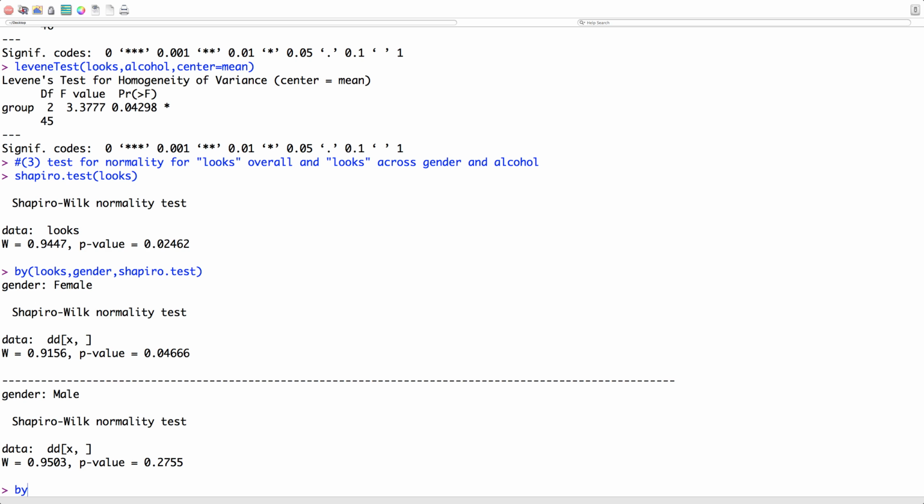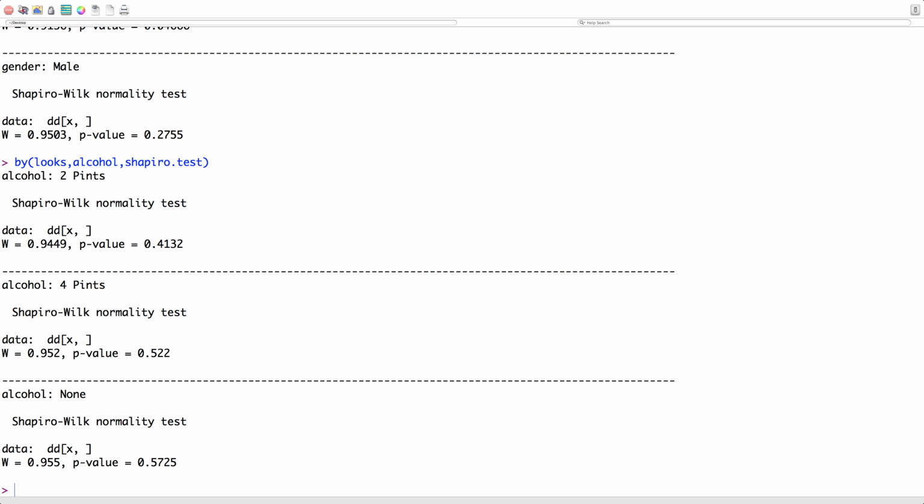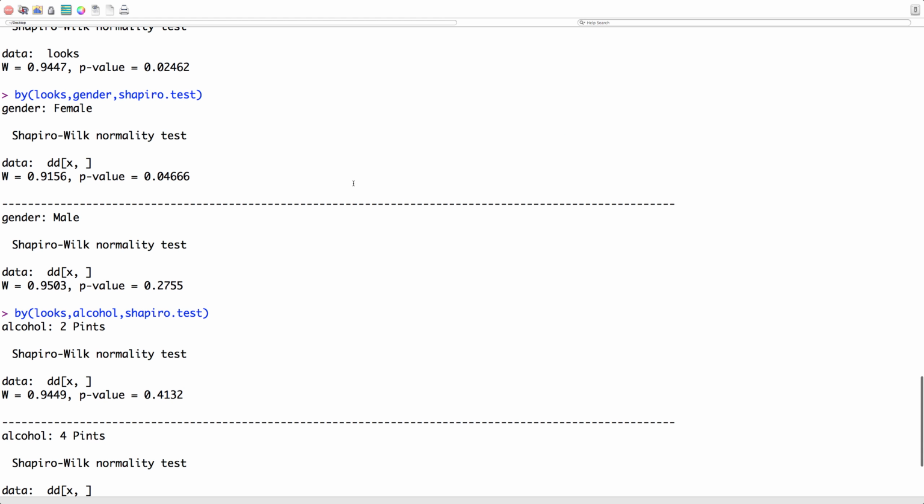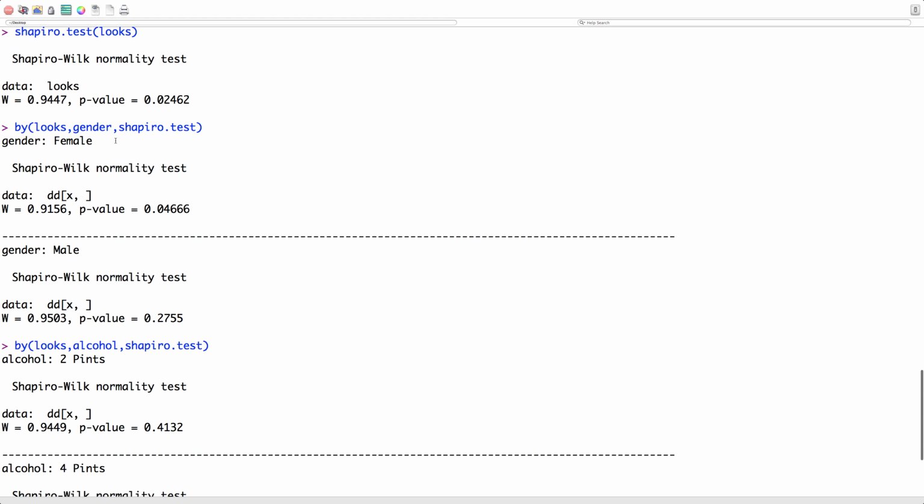All right, let's explore this a little more. I'm actually finding this kind of interesting because this is not what I expected. So the Shapiro test, we aren't rejecting the null, so we're assuming normality. When we look, I'm sorry, at normality of looks across 2 pints, no pints, and 4 pints. So it appears like something's going on right here for gender.